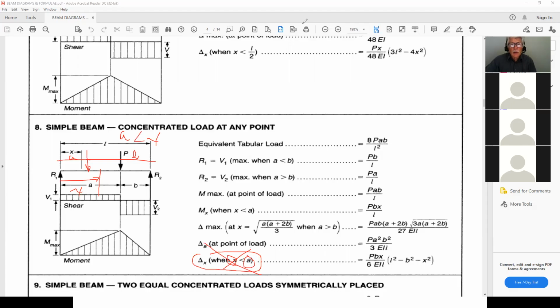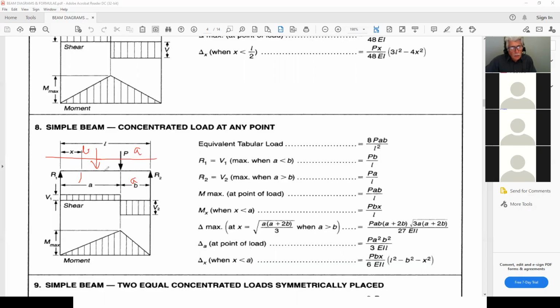Now, if I reverse them, in other words, if I make this my B value, this becomes my A value.